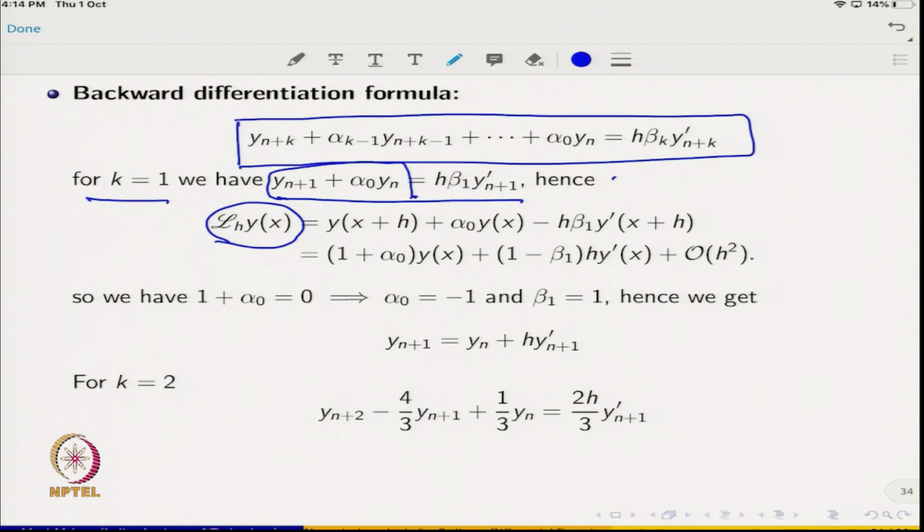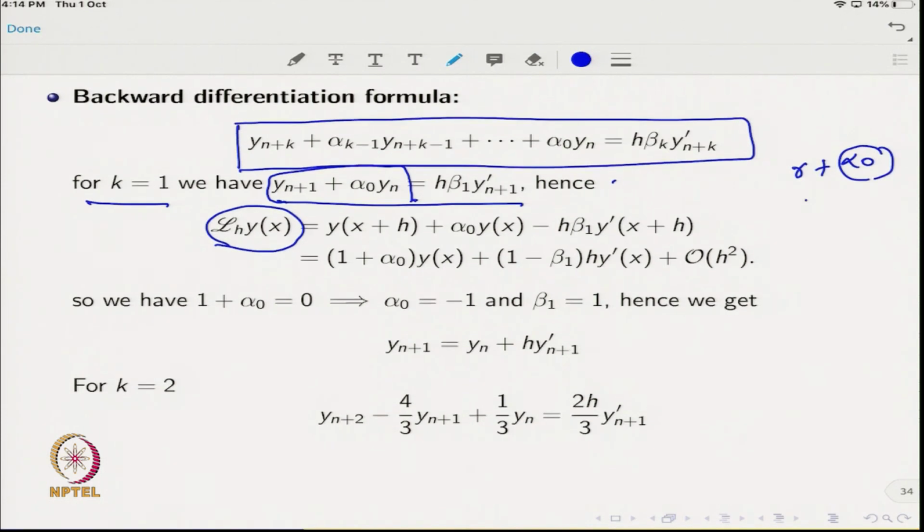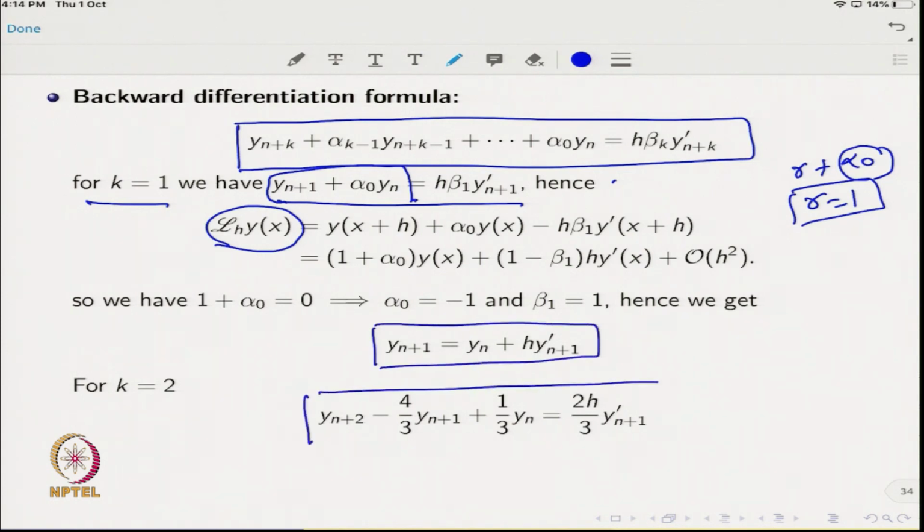Okay. So, the root is 1 plus r plus alpha naught. So, alpha naught we are choosing from here also, alpha naught is 1. So, the root is 1, which means it satisfies the zero stability as well, and for k equal to this, you end up with this scheme.